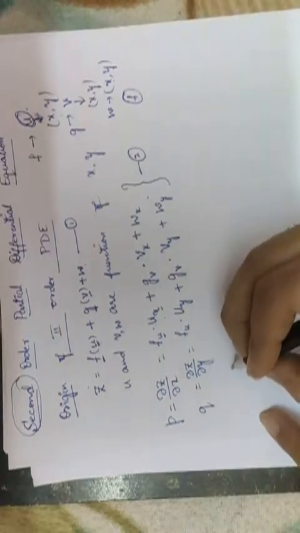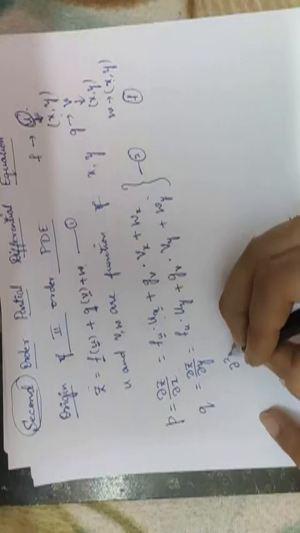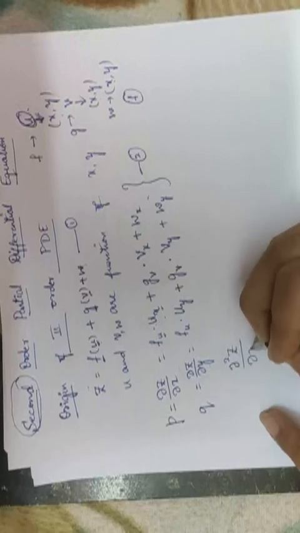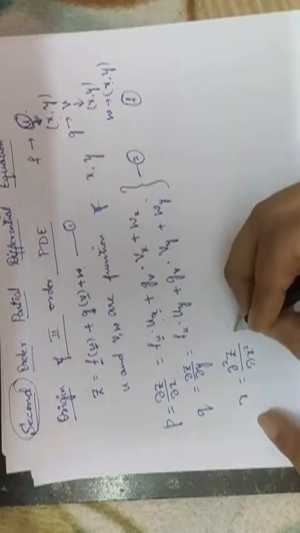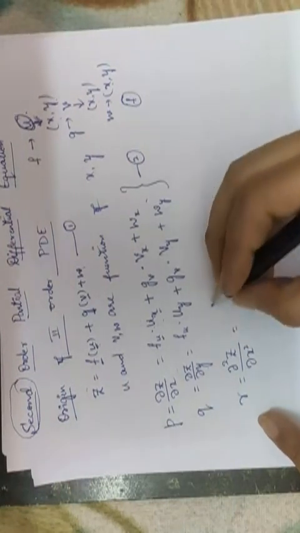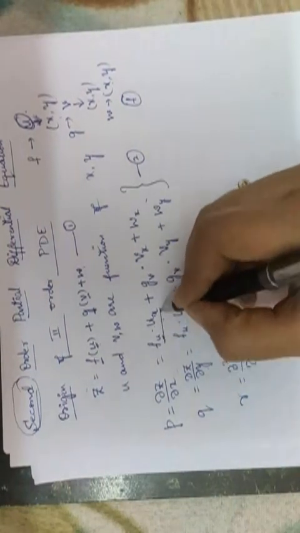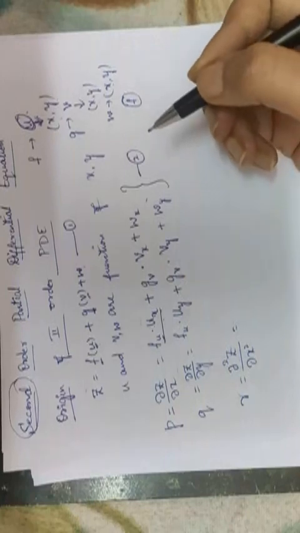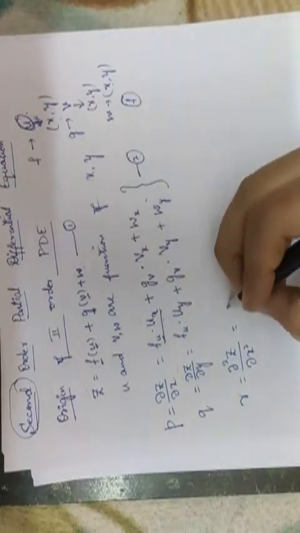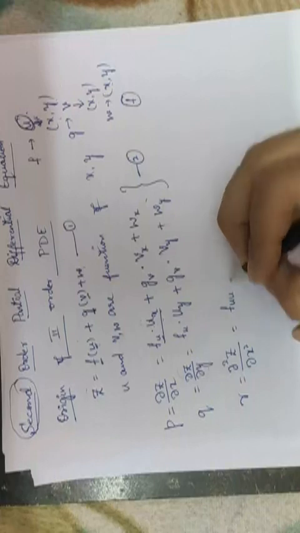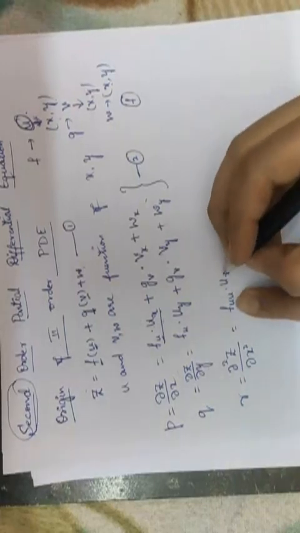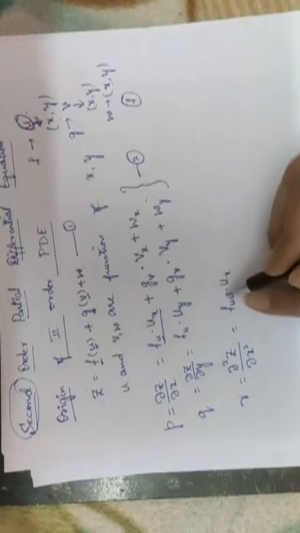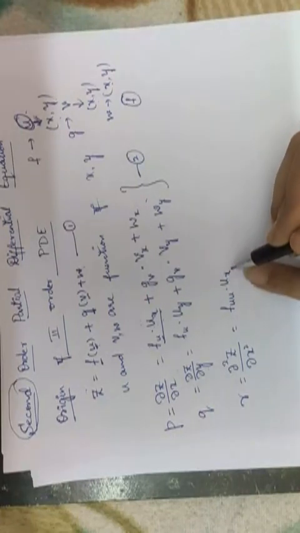So you will get dou square z by dou x square, which is nothing but your r. This will be equal to, you should use the product rule of differentiation here. So you will get fu into ux. Again you will differentiate this u with respect to x, right?